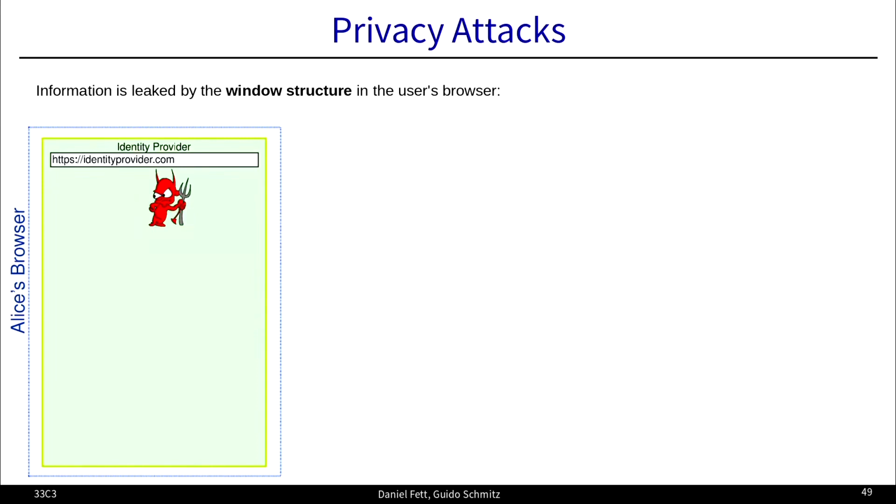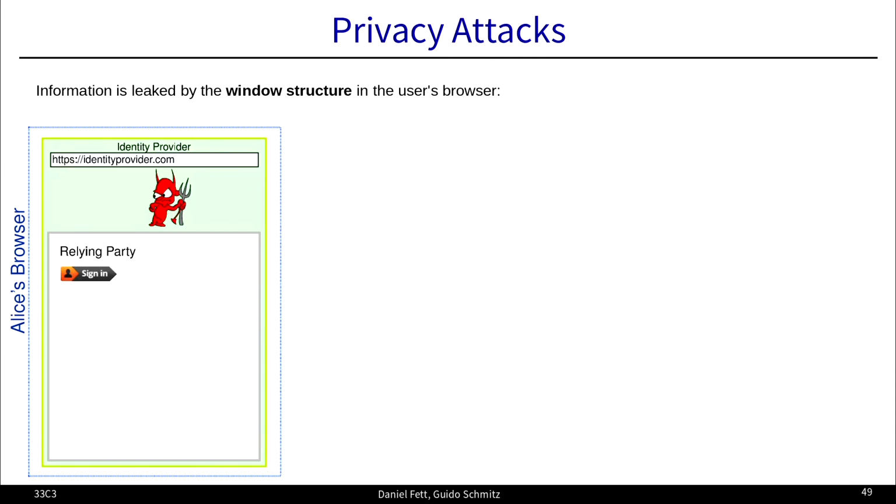If a malicious identity provider wants to find out whether a user is logged in at some specific relying party or not, then the malicious identity provider can just open an iframe containing the website of that relying party he wants to probe.